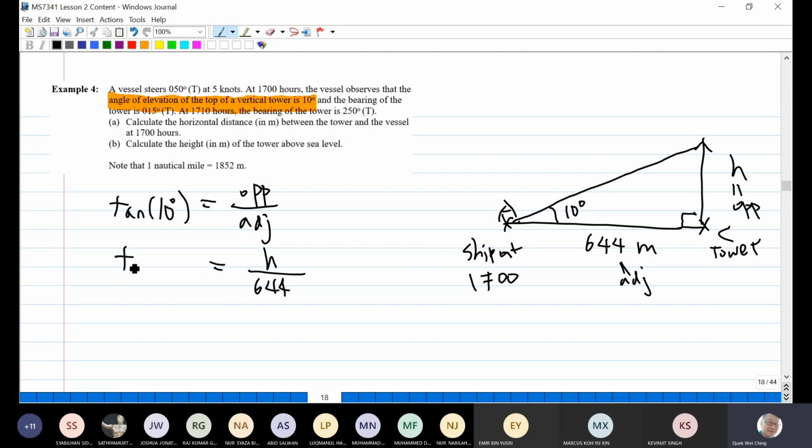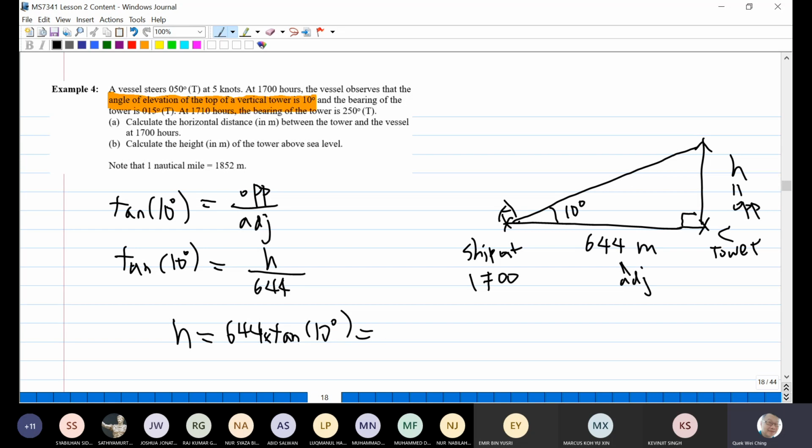So tangent 10 degrees is opposite over adjacent. So the H we are looking for, the height of the tower, in this case is 644 tangent 10 degrees.